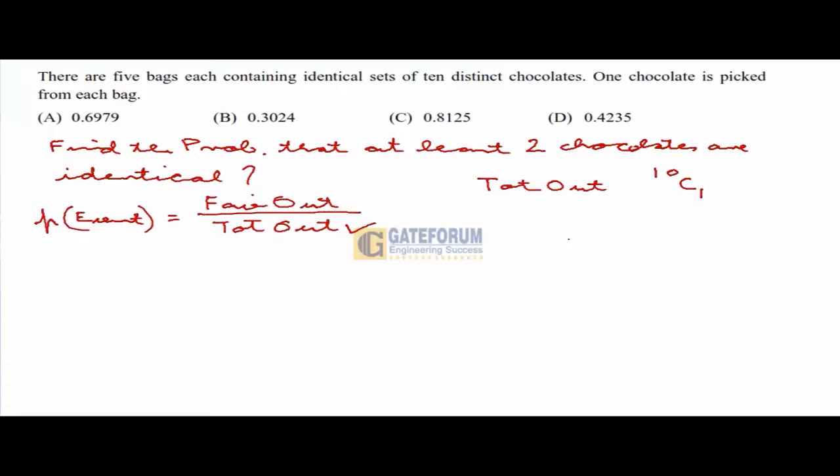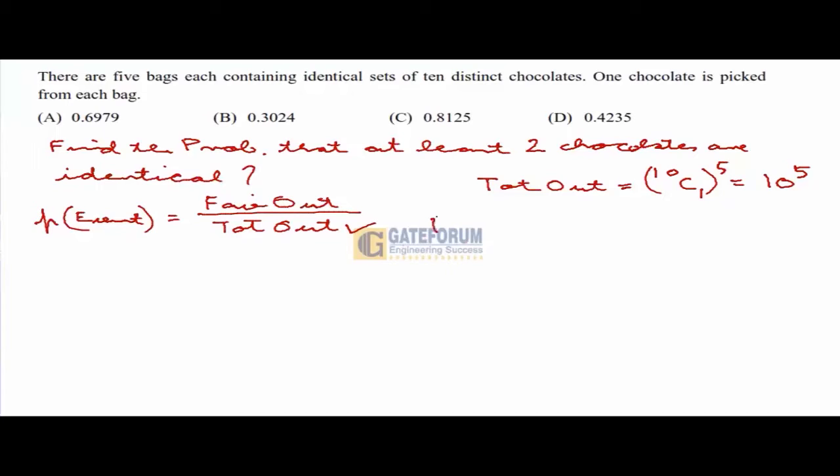I can select one chocolate in 10C1 ways. So the total outcome would be equal to 10C1 into 10C1 into 10C1, like this 5 times. So basically to the power 5. Now 10C1's value is 10. So the total outcome is 10 to the power 5. So I know what the total outcome is.